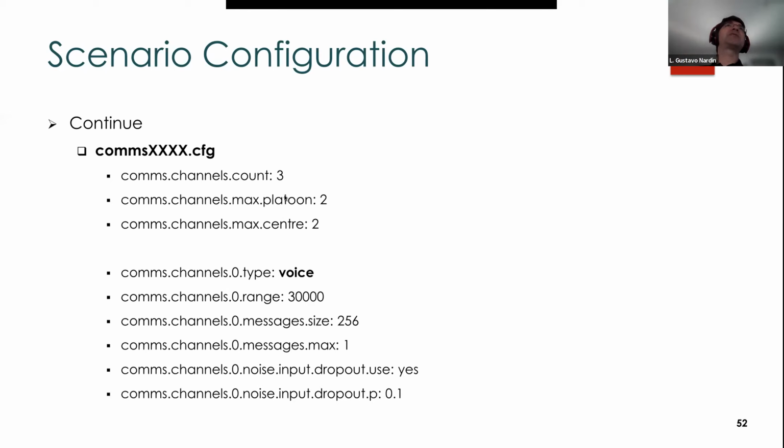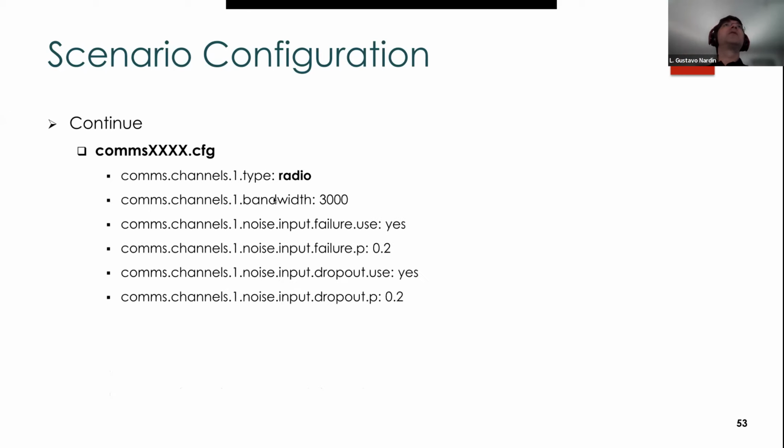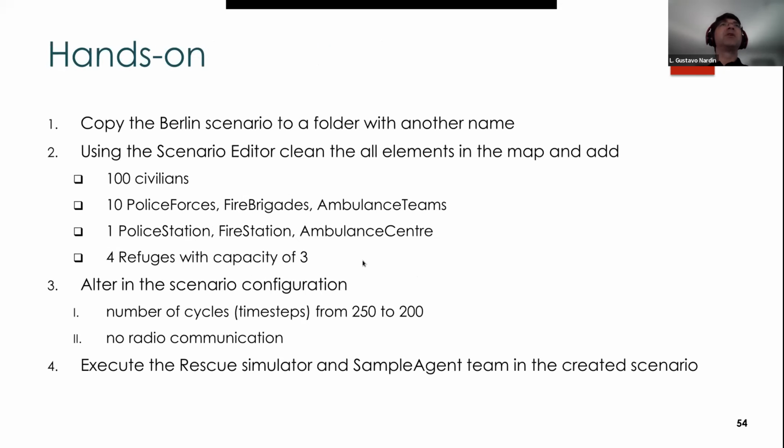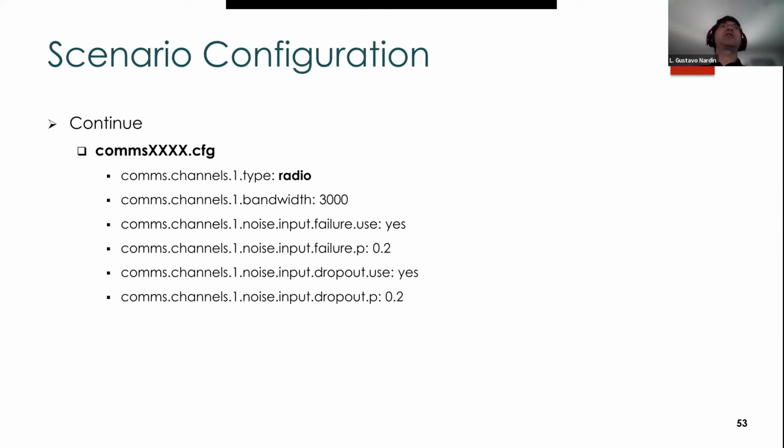Platoons here are the rescue agents. Okay. And the same thing you can define for the radio. So for the radio, the bandwidth, we don't have the distance anymore. So we define the bandwidth and whether or not there is going to be failure or dropout. These are the possible configurations for the communication.